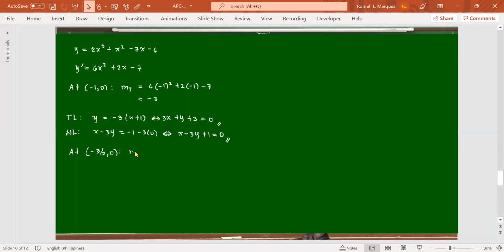So what is the value of the slope? 6 times, squaring this, 9/4, minus, so that is actually 2 times negative 3/2, so that is negative 3, no?